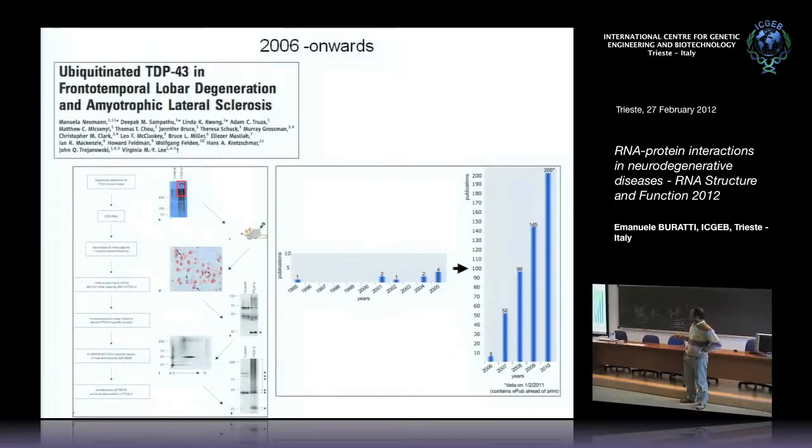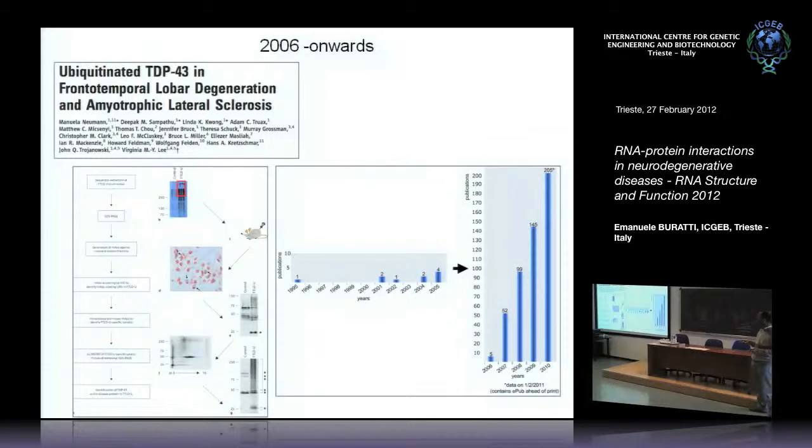They immunized mice, obtained antibodies against the proteins that were found in the aggregates, and finally they managed to see what these antibodies were recognizing. And what they were recognizing, they didn't expect this at all, was TDP43 itself.